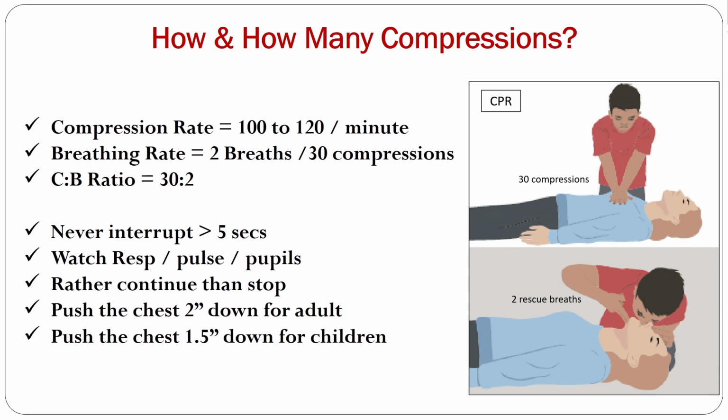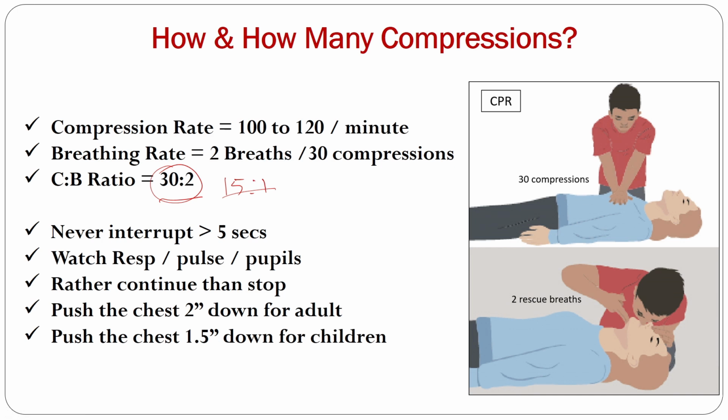If you are giving breaths also, then you have to give 2 breaths and 30 compressions. After every 30 compressions give 2 rescue breaths. So the compression and breath ratio is 30:2 or you can say 15:1, but usually we call it 30:2 because you have to give 30 compressions then 2 breaths.